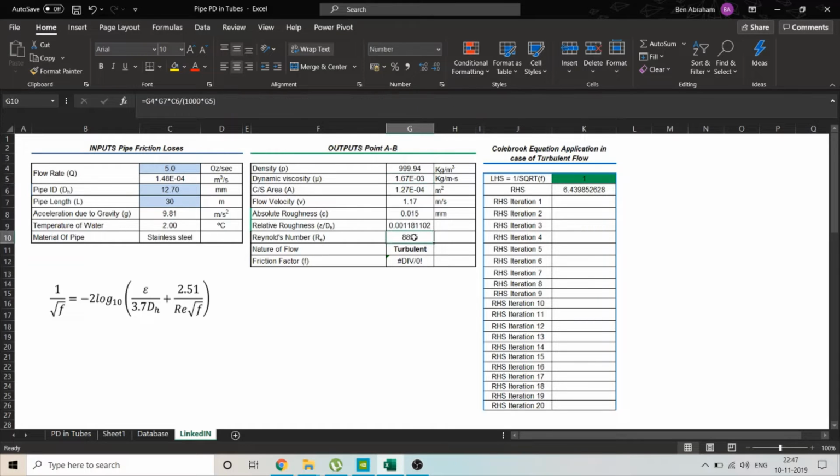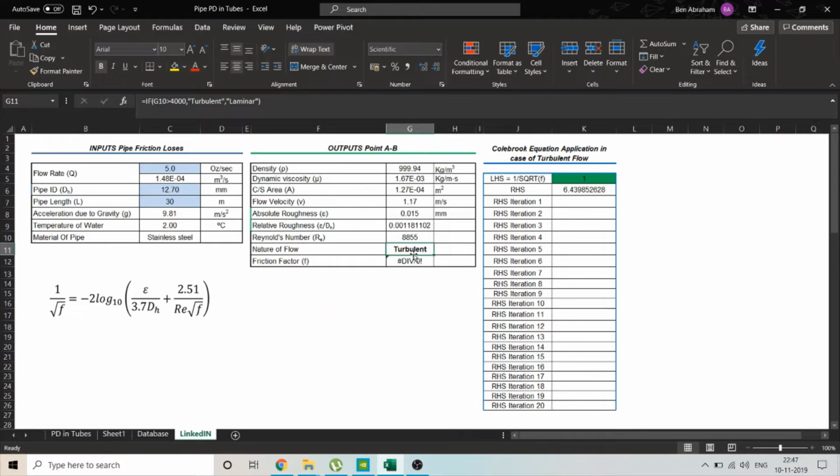Determining the Reynolds number from this relationship helps you determine whether the flow is turbulent. Basically, if the value is greater than 4000, it is deemed a turbulent flow regime.